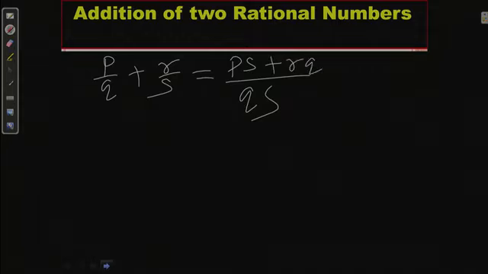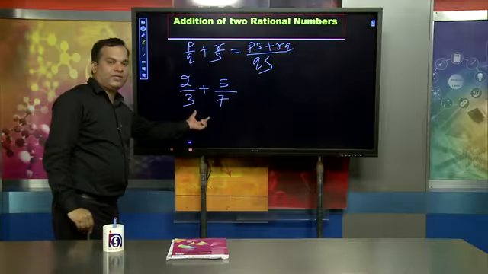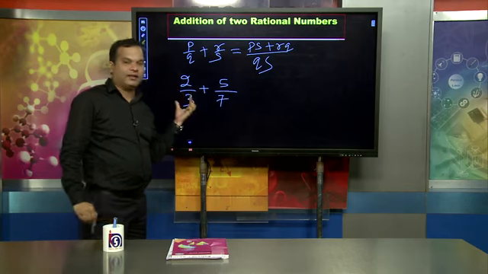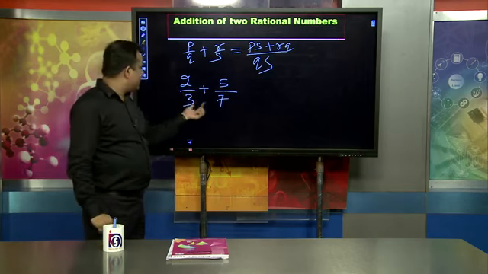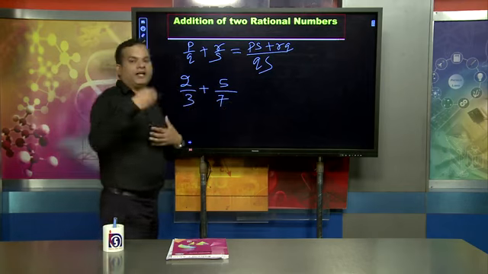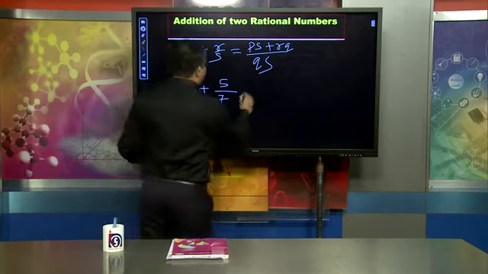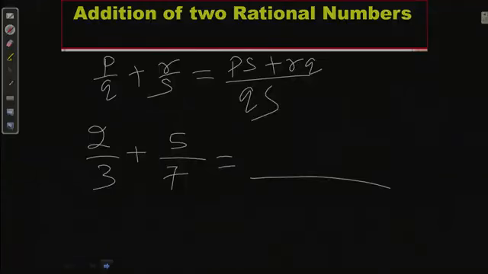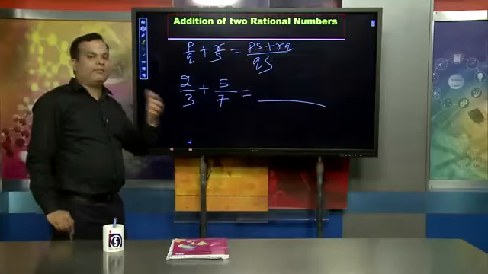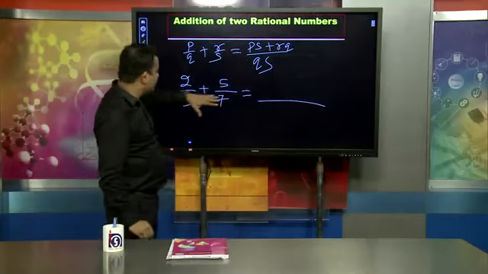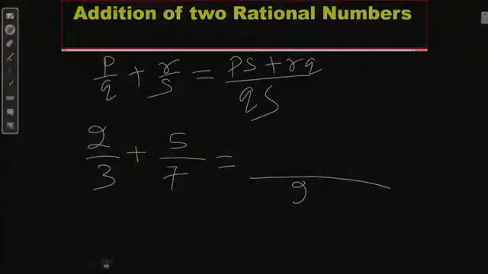For example, 2 by 3 plus 5 by 7. How do we add these? Here the denominators are different, 3 and 7. So we have to take the LCM of 3 and 7, which is 3 into 7, that is 21.